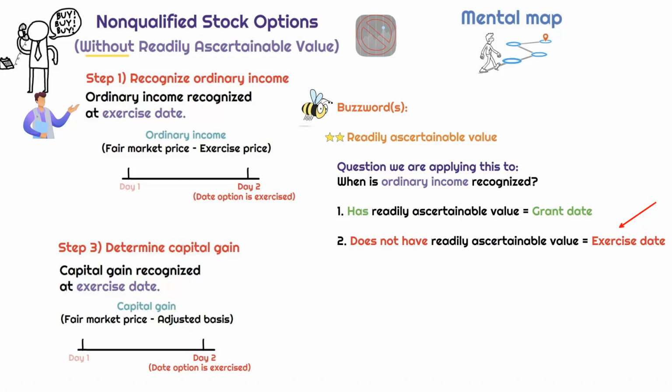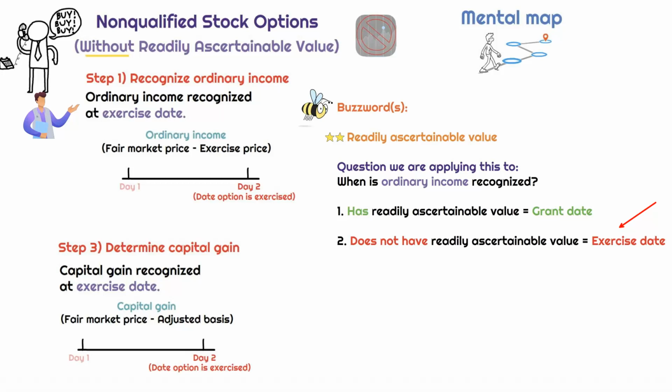This is the date that Dan would exercise the options and cash them in. Okay, so if that is the case, that means he would first need to buy back the options and then subsequently sell them at the fair market value. Okay, so the fair market value, aka the selling price, less the exercise price, is going to be the amount that Dan would recognize as ordinary income at the exercise date.